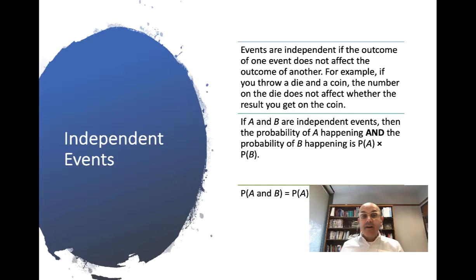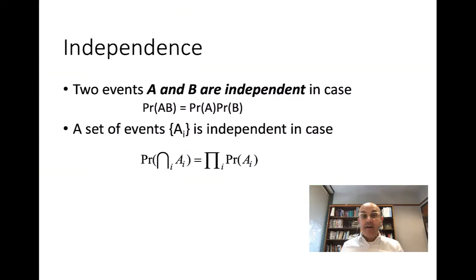So if events A and B are independent, then the probability of A and B happening can be formulated as P(A and B) equals the probability of A multiplied by the probability of B. Two events A and B are independent, and in this case, this is the formula.